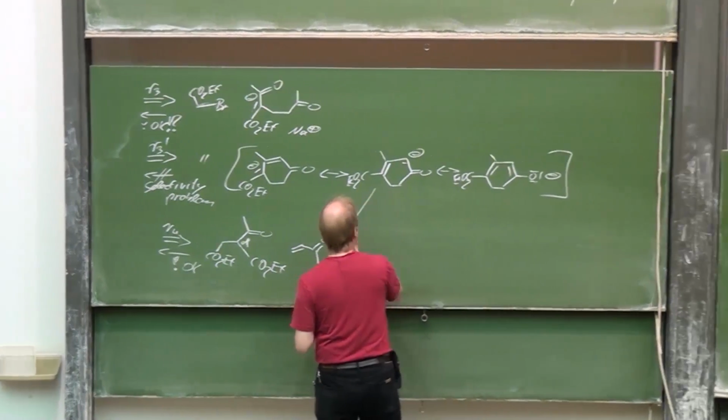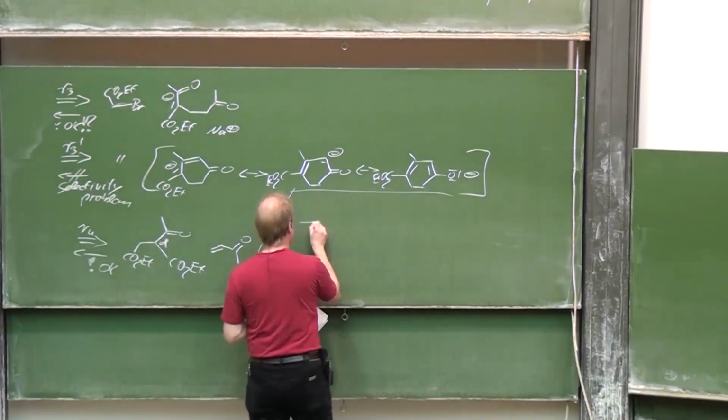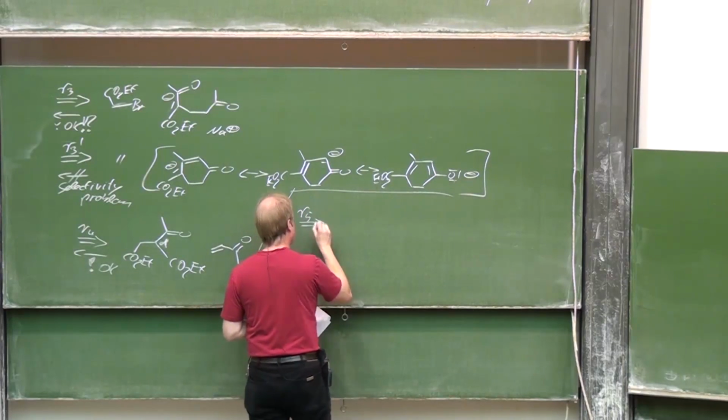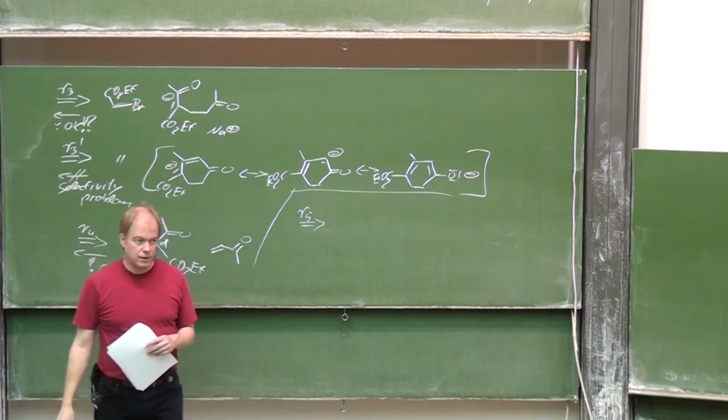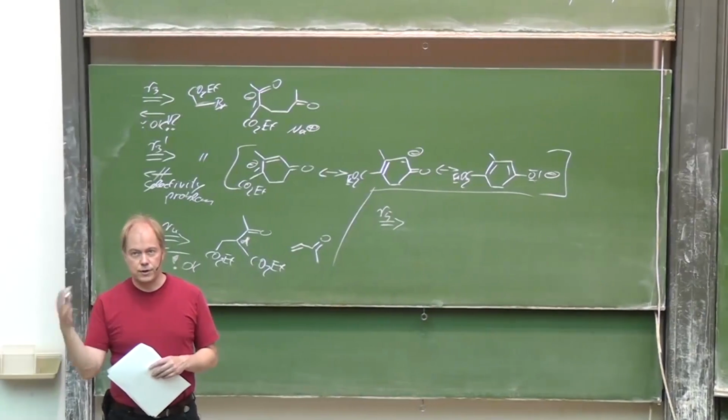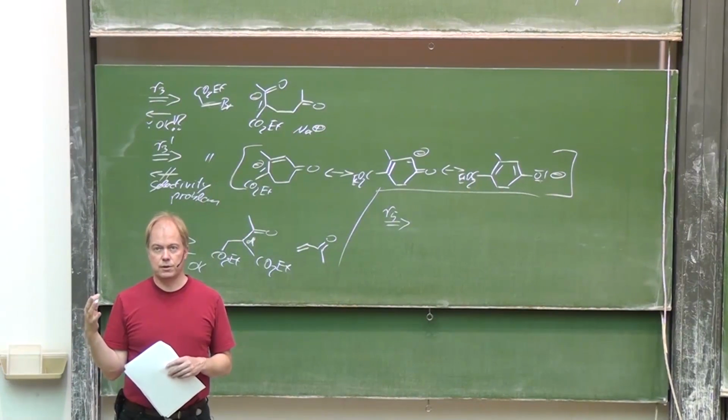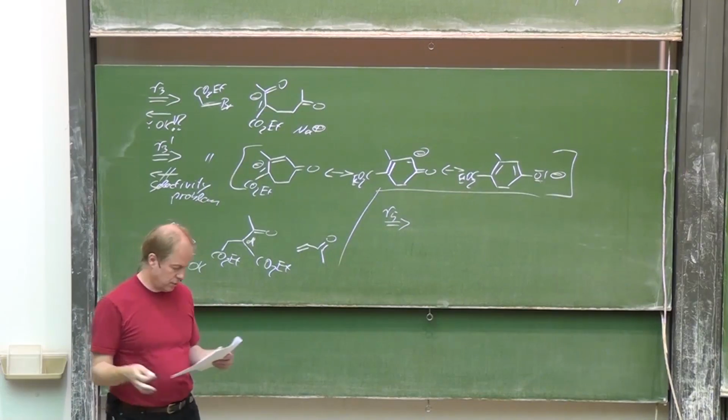Finally, R5. A 1,6 relationship between carbonyl groups. You should always think about oxidizing a cyclohexene moiety.